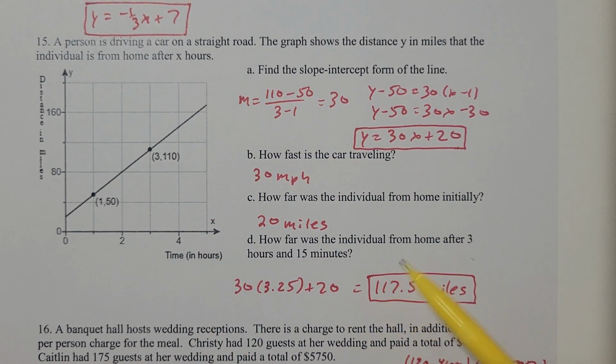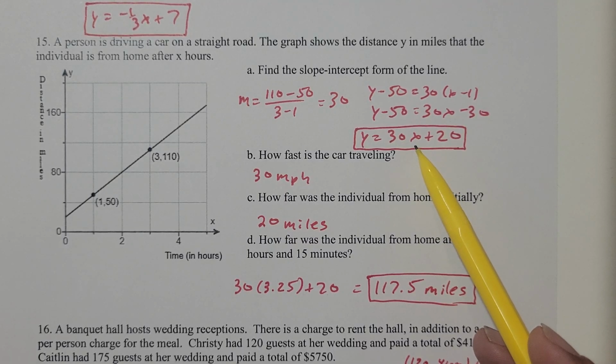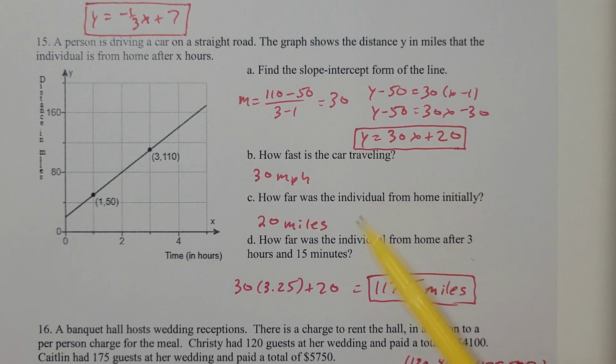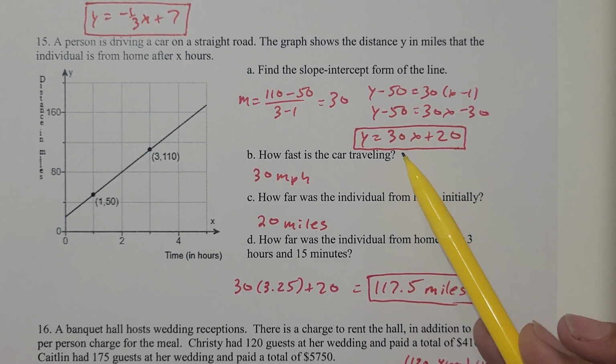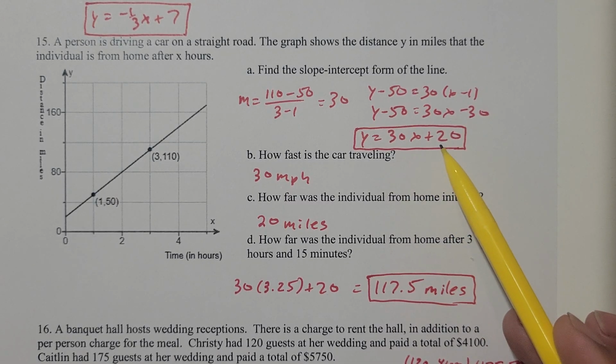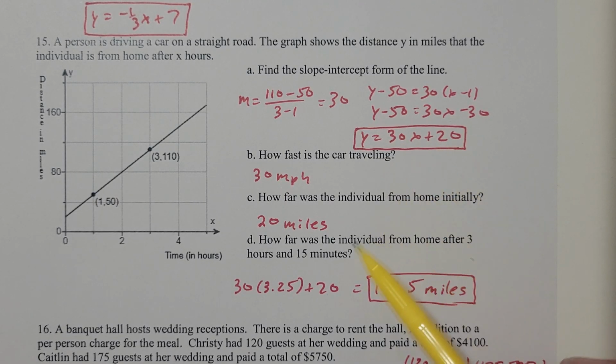All I need to do here is replace x with 3.25 and then simplify that. So I got 30 times 3.25 plus 20. And when I go to the calculator and simplify that, I should be getting 117.5 miles.